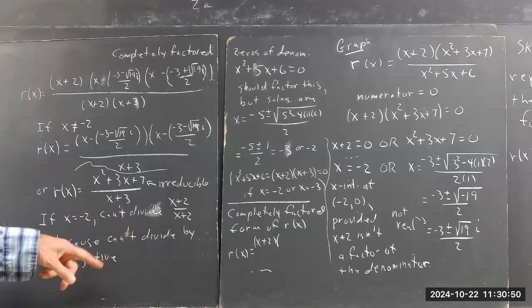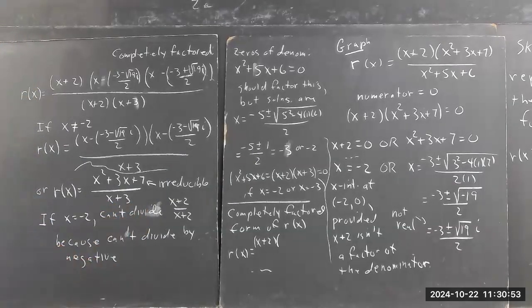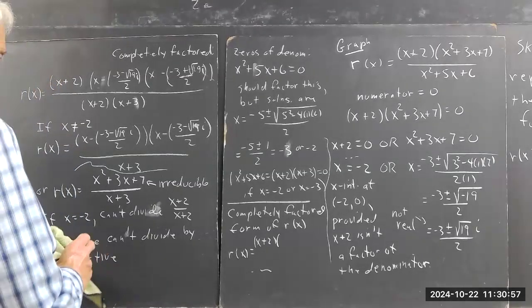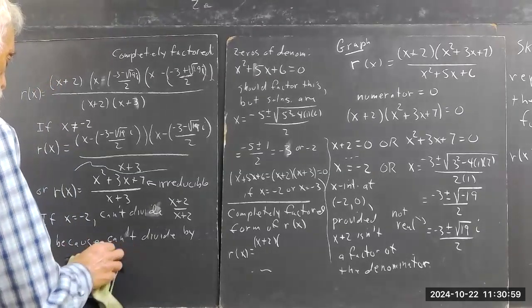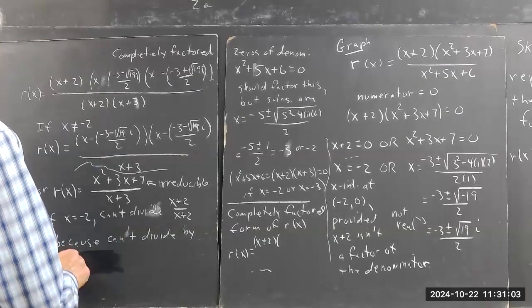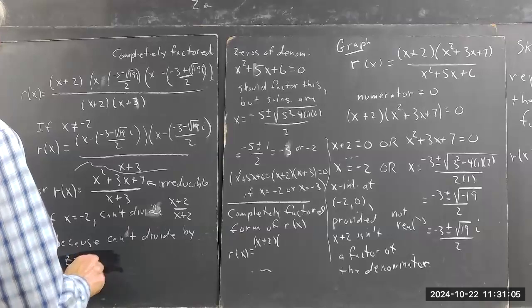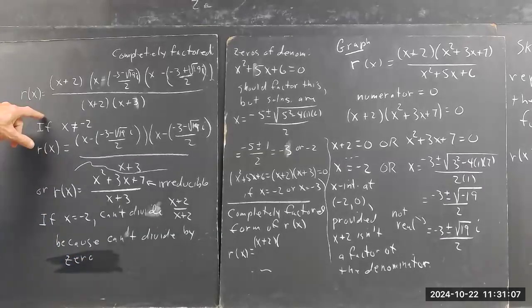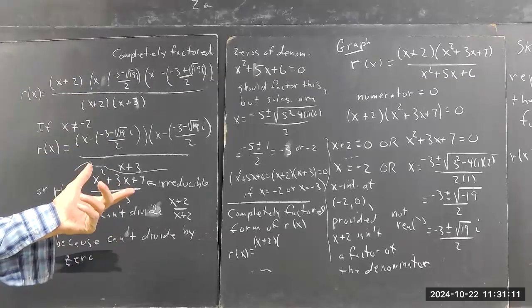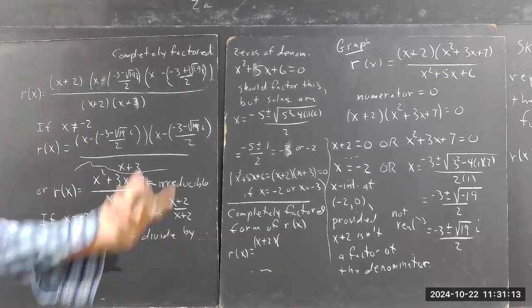And divide by this, because you can't divide by 0. Obviously, you can divide by negative. Okay, so x equals 2, this is 0, and you can't divide 0 into anything, not even 0.